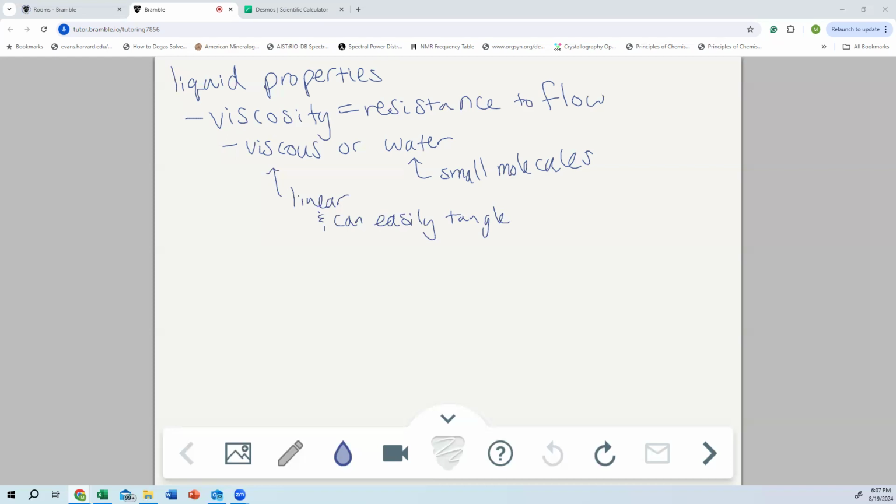And then it's a bunch of sugar molecules in a linear structure. And then things like motor oils, the really thick ones, are really long hydrocarbons. So viscous fluids tend to be things that are generally, like I said, longer and have more ability to tangle. Kind of think about like spaghetti noodles.